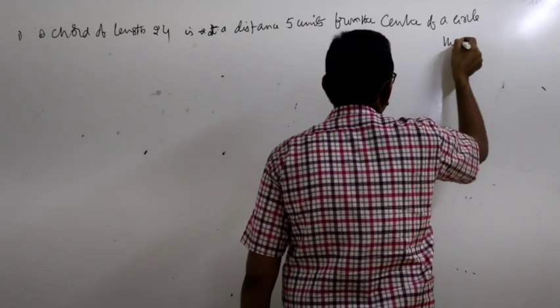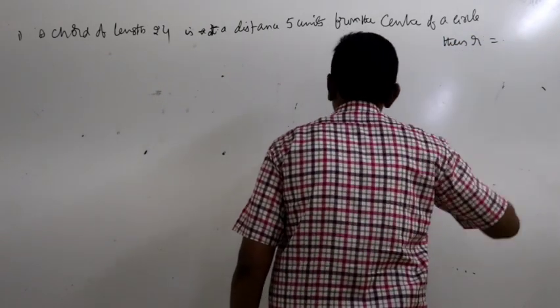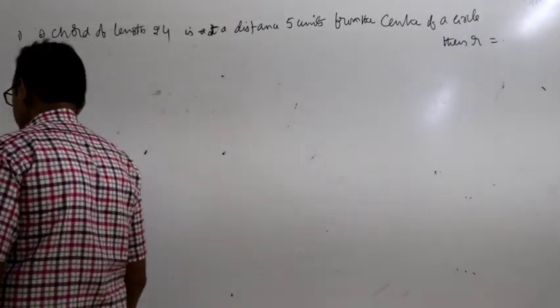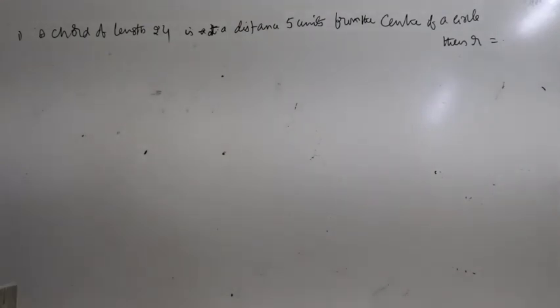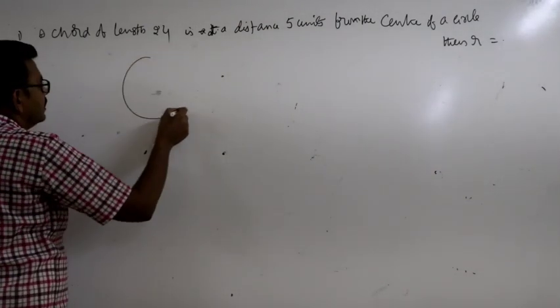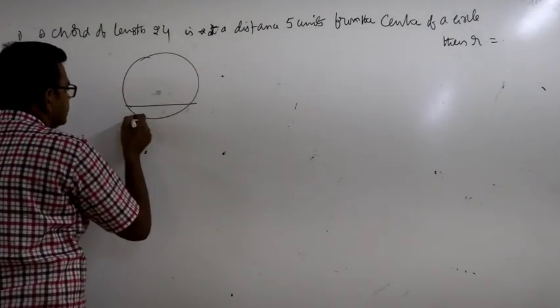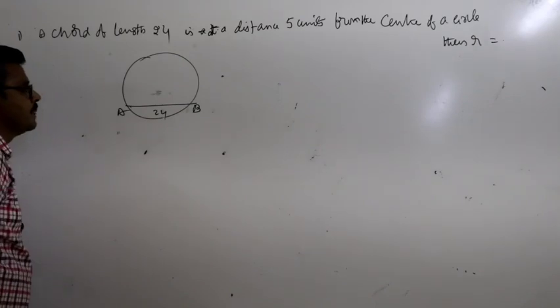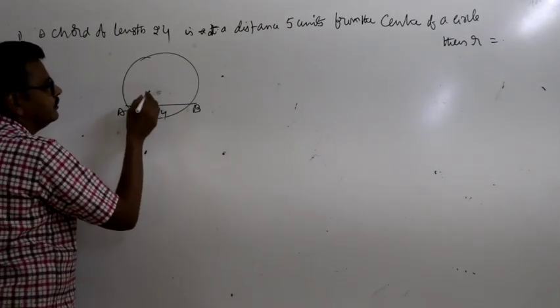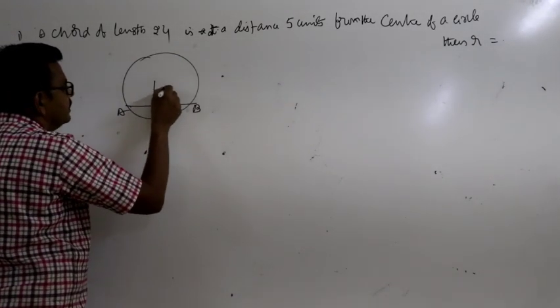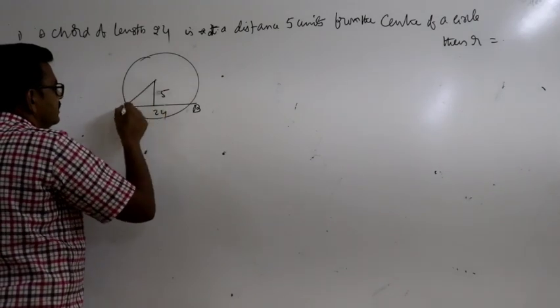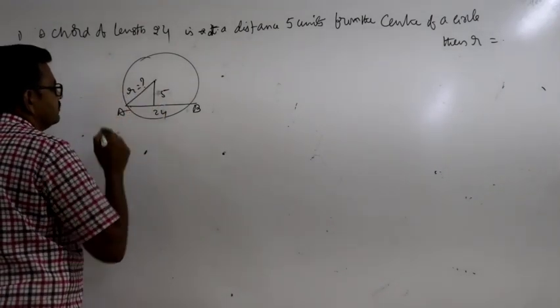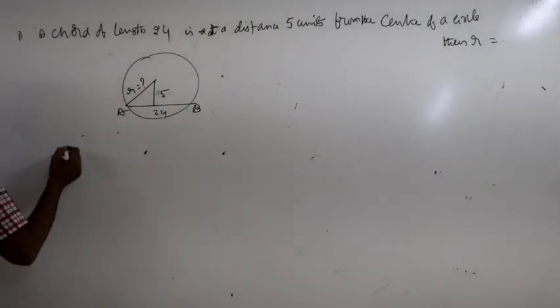Then its radius is equal to what? A chord AB of length 24 units is at a distance of 5 units from the center. Then find its radius.